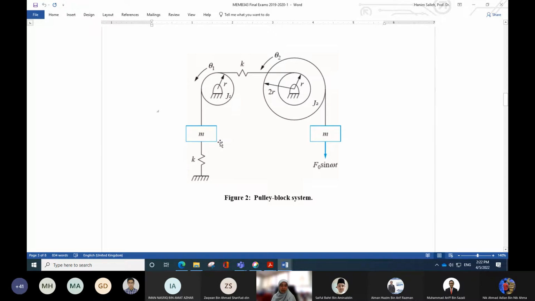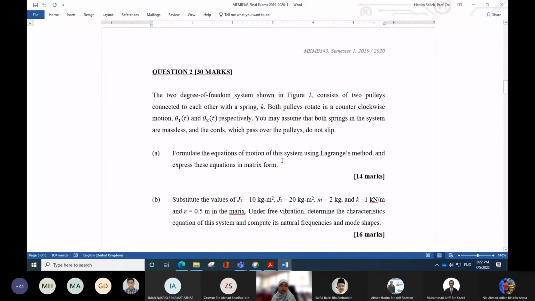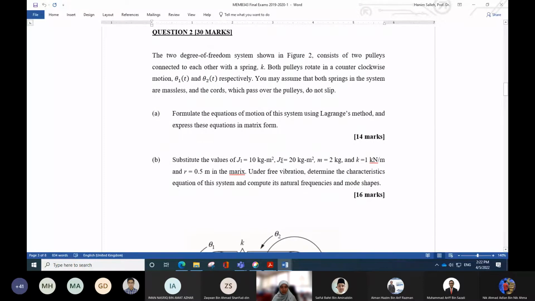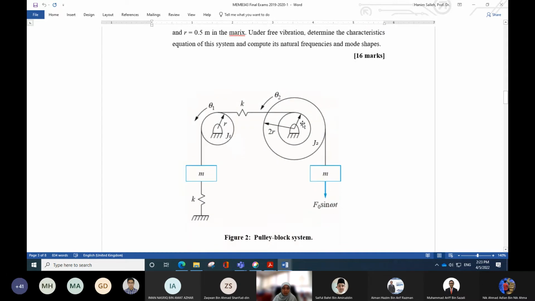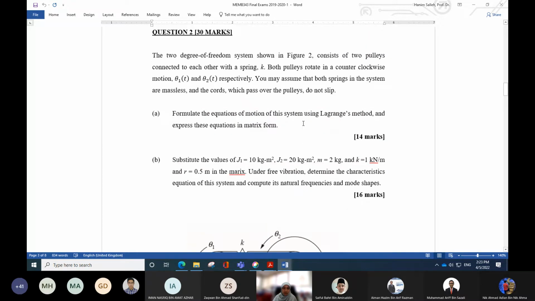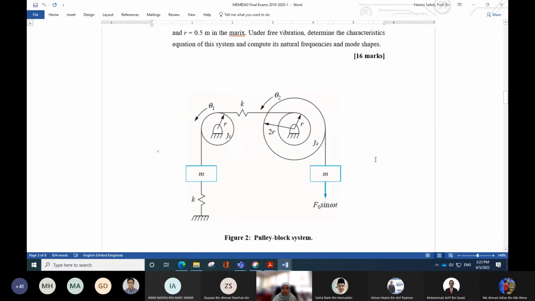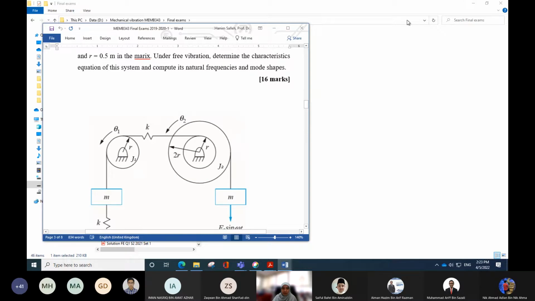You also have these masses here, and you can see that you also have external input F naught sine omega t. So that's a handful of things to look at, but at the end of the day, you need to come up with the equations of motion. There'll be two equations to this. Okay, so maybe you know the questions. We go in terms of counterclockwise, there's a drawing already there, so you don't have to worry about that.